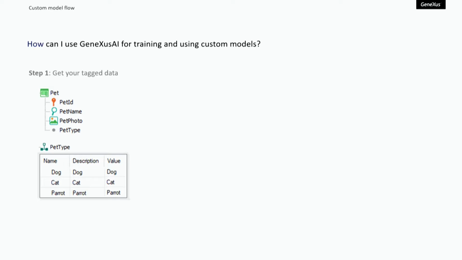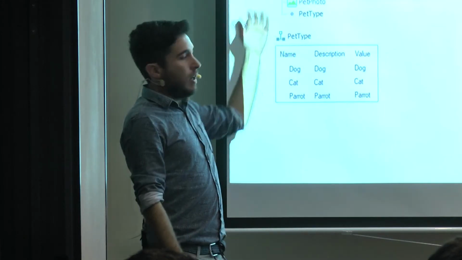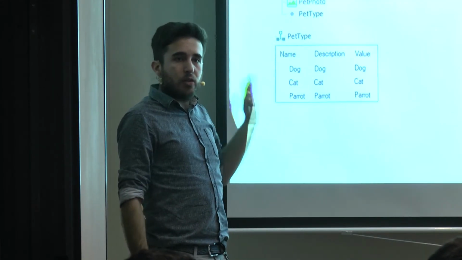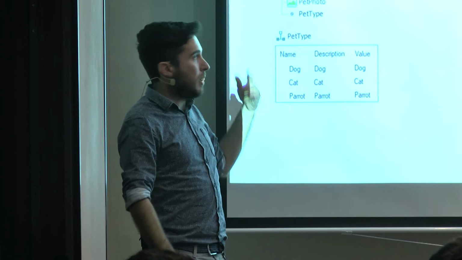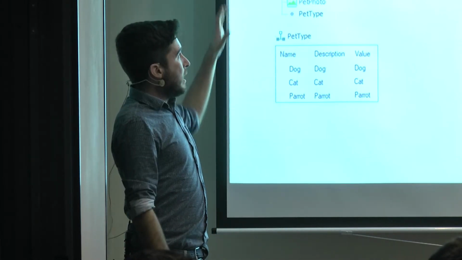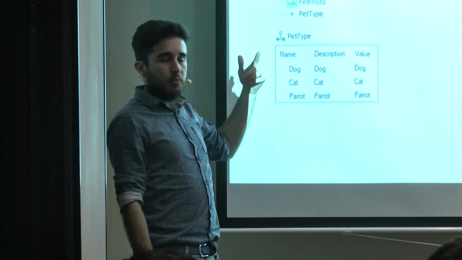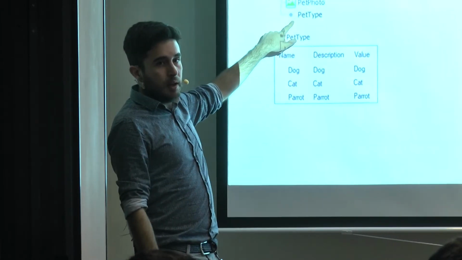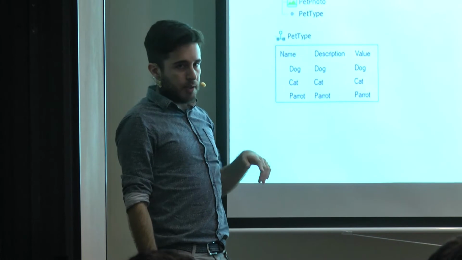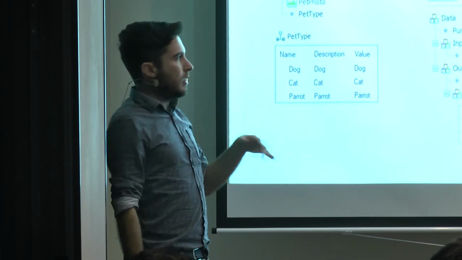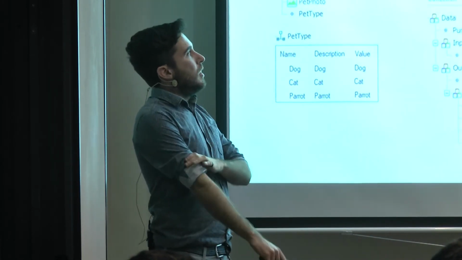So we go first through a stage of, let's imagine I'm a vet, and I start gathering data from my customers' pets, and I would have this transaction quite populated to make a training and be able to infer the pet type on the basis of the photo I have. And that's quite a complete example.